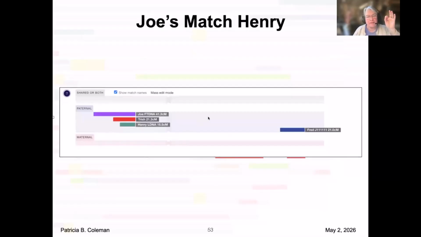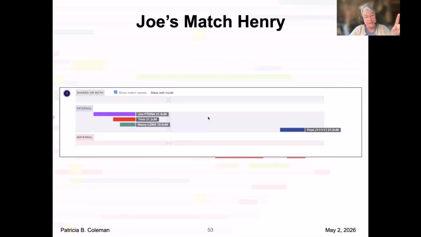And one of the things that I think I said before, I like about DNA Painter is, okay, I can compare Joe and Trish exactly because they're both on the same testing company. I know they triangulate. And Joe and Henry are on a different testing company, but they triangulate. I only have one paternal chromosome 7.